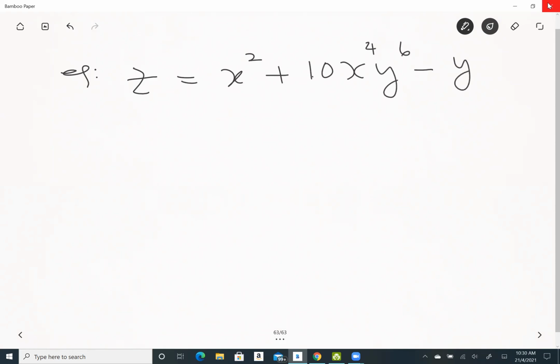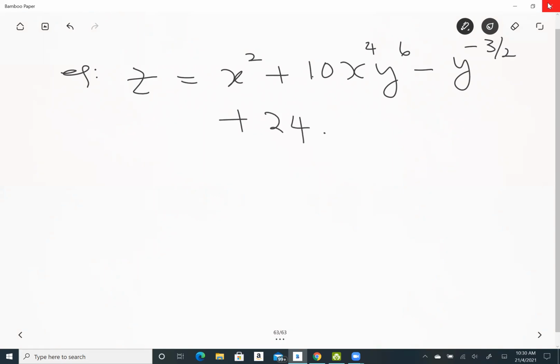Now I will use the other type of function. So here you have the x and y multiplied to each other. Okay, so that is the second part. So for example, I have z equal to x squared plus 10 x to the power of 4 y to the power of 6 minus y to the power of -3/2 plus 24.